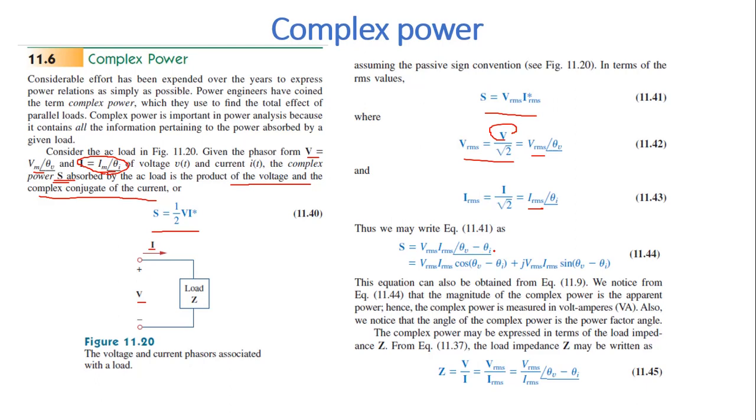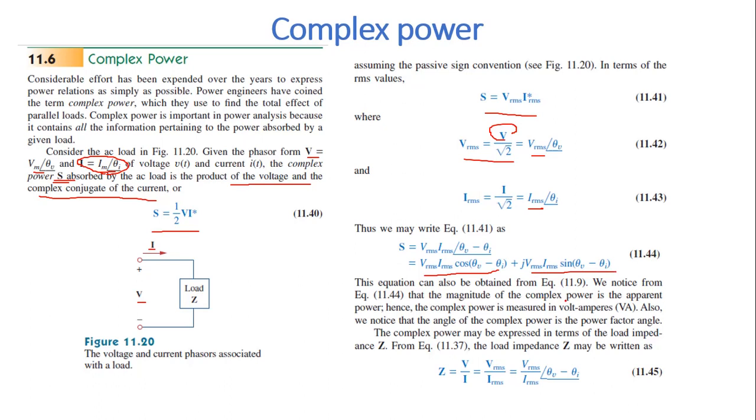Now in this equation, we can see that this can be written in the complex form as Vrms Irms angle theta V minus theta I, which is cos of theta V minus theta I plus j sine of theta V minus theta I. Now this becomes the real part and this becomes the imaginary part of complex power, right?